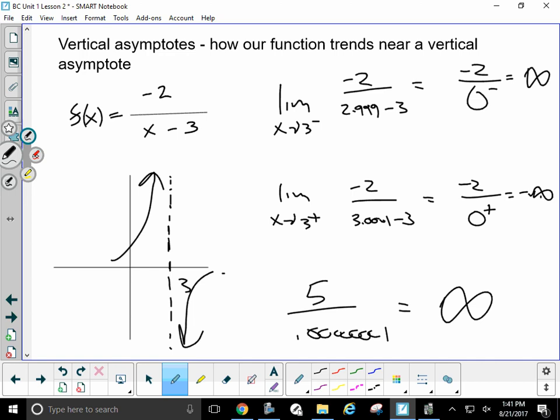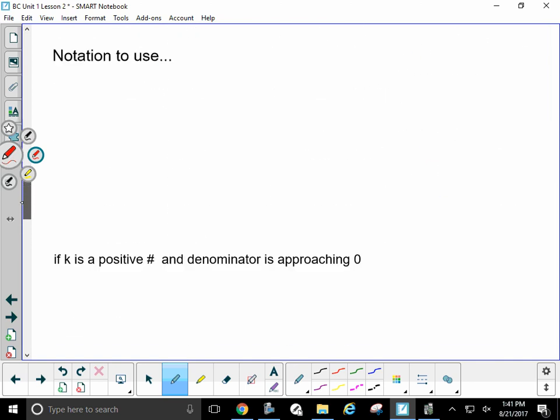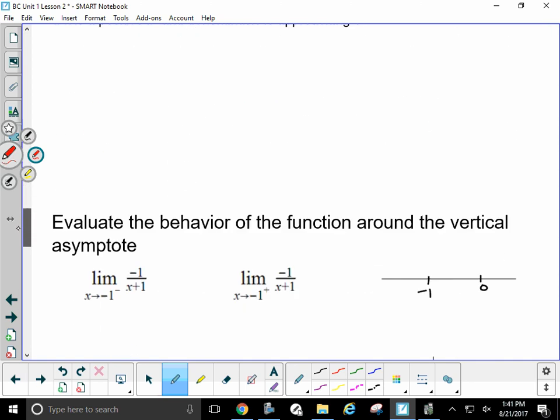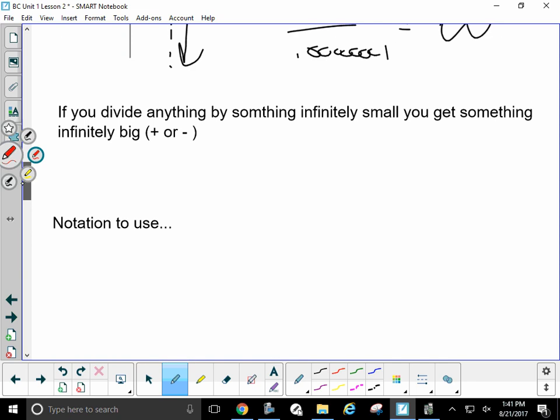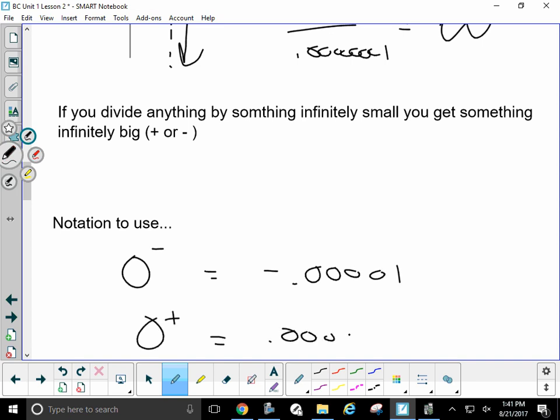Okay, so this is a negative divided by a negative. This is a negative divided by a positive. Okay, let's do, and the notation that I'm using is like 0 from the left is something infinitely small and negative, and 0 from the right is something infinitely small and positive.